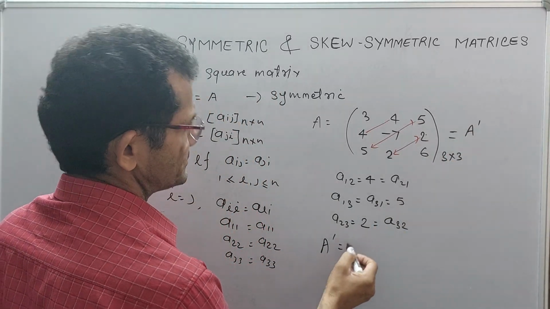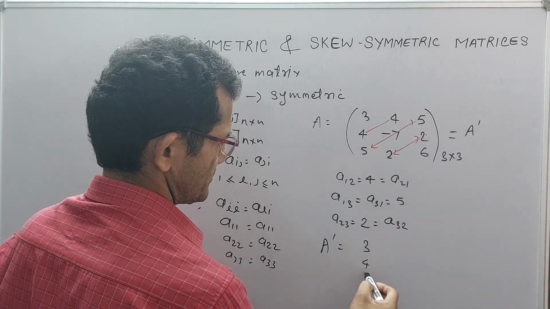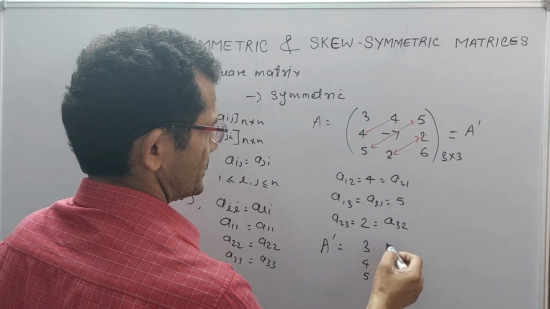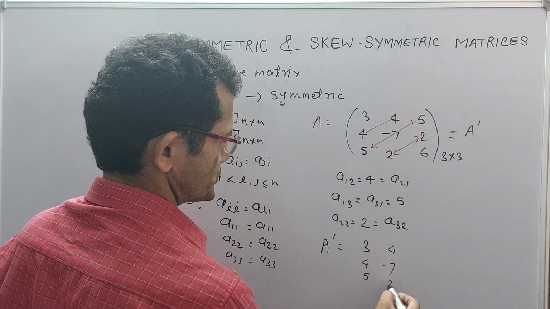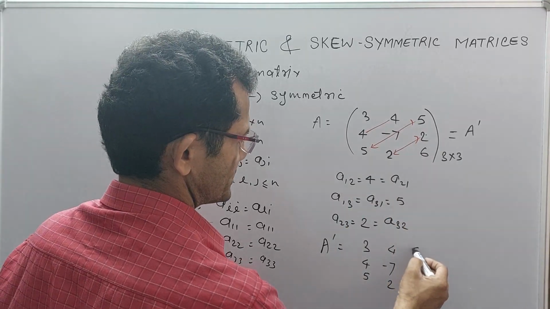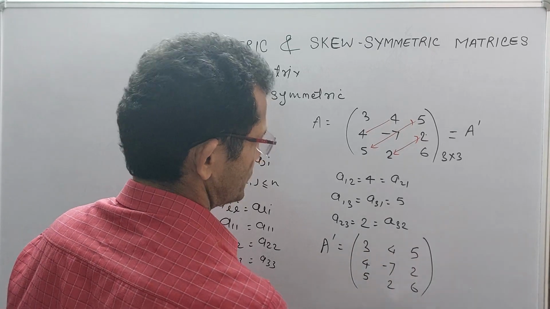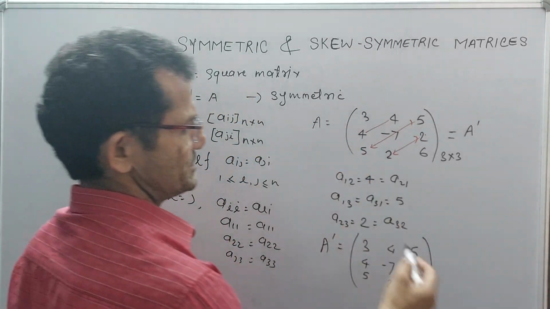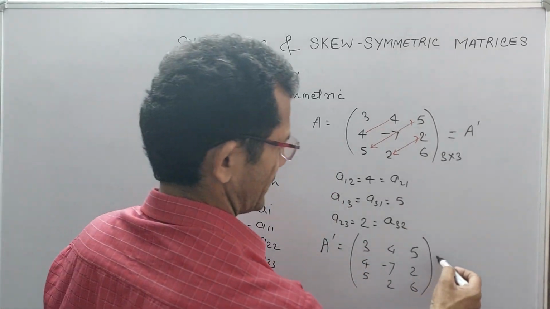First row 3 4 5 becomes first column, and second row becomes second column 4, -7, 2, third row 5, 2 and 6. So look here, there is no change in the entries, A dash is equal to A.